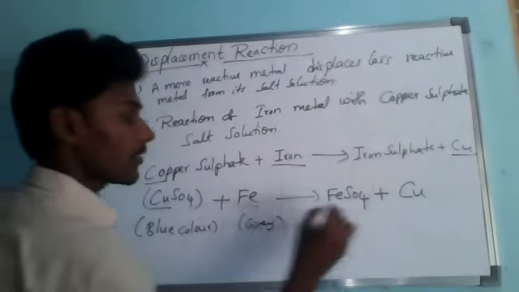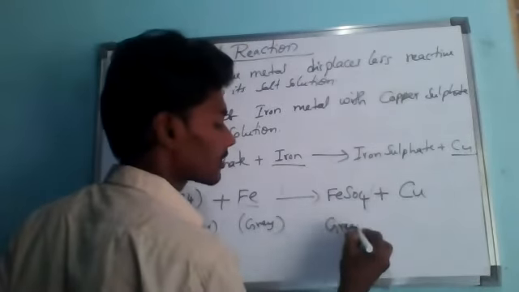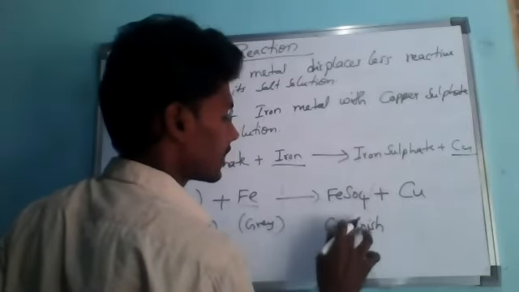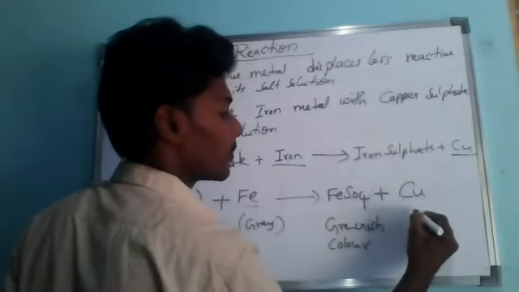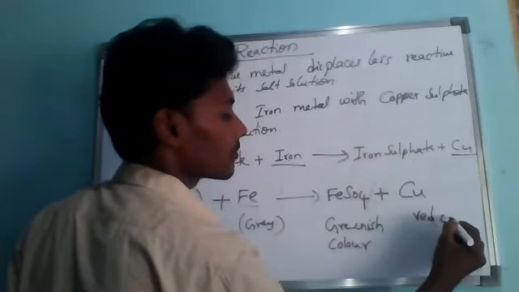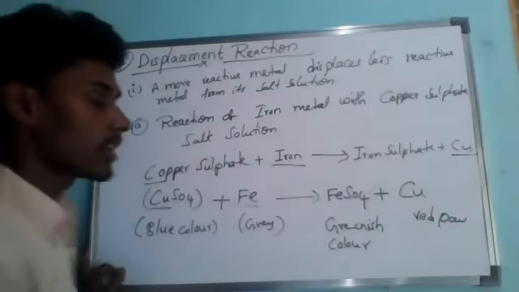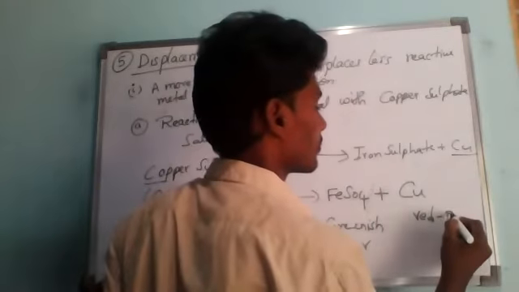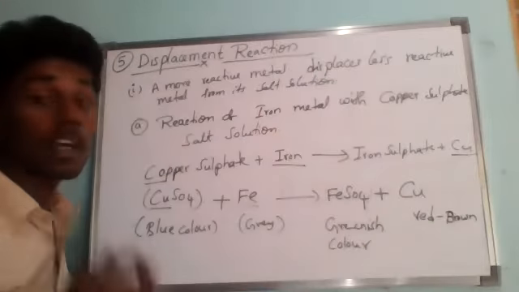This FeSO4 is why the blue solution turns into a greenish solution. The copper forms a red, reddish brown, powder-like coating on the surface of the iron nail.